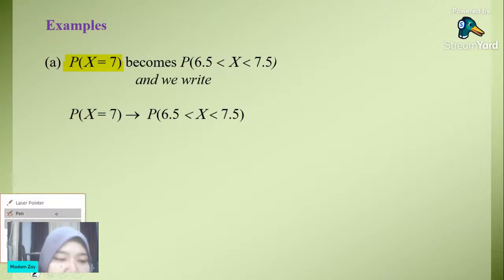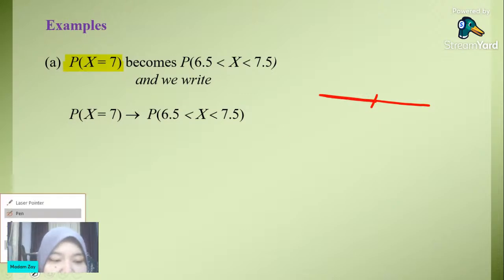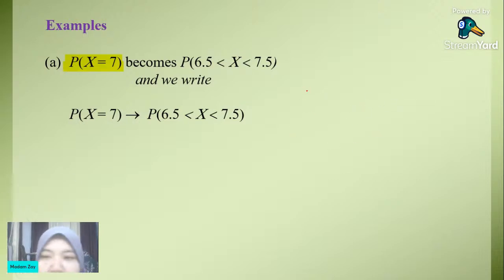Okay, why? Because for a continuous random variable, we don't have probability at a certain point. So 7 is here, right? We cannot integrate from 7 to 7 for a continuous random variable.